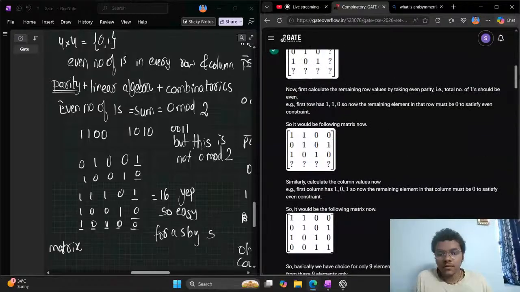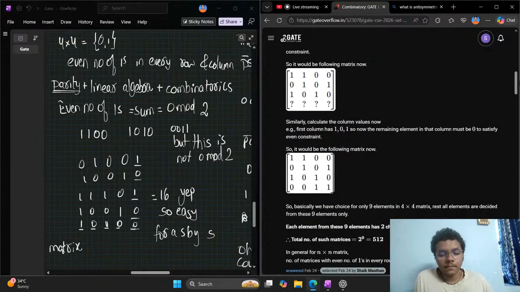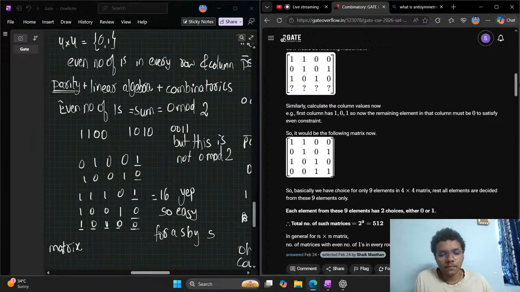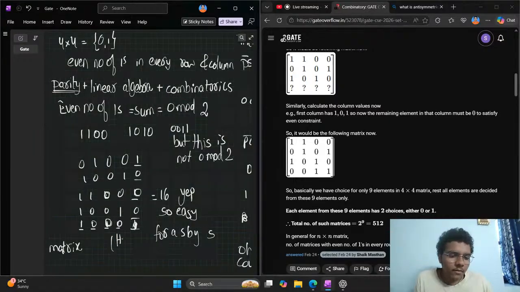If it were, let's say, 0 here, then it would be 0 here as well. Then it would be 0 here as well. And it would be 1. How is it transforming?